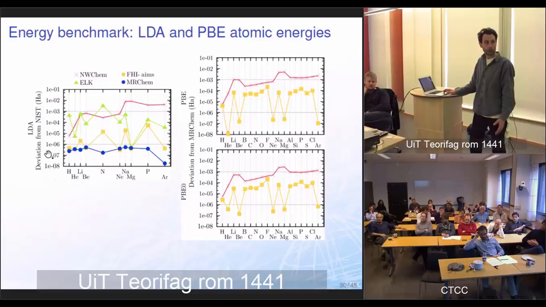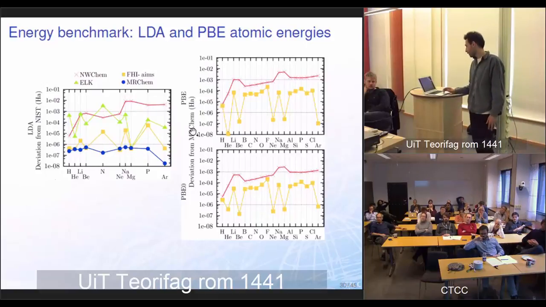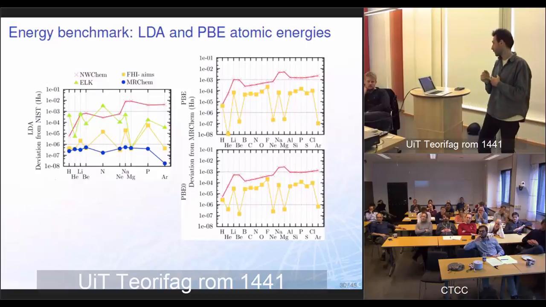So for LDA we had this NIST standard, but the main point was to show that we can trust the multiwavelet numbers. On the right side, you will see the calculation performed with Gaussian type orbitals and numerical atomic orbitals compared to multiwavelets.